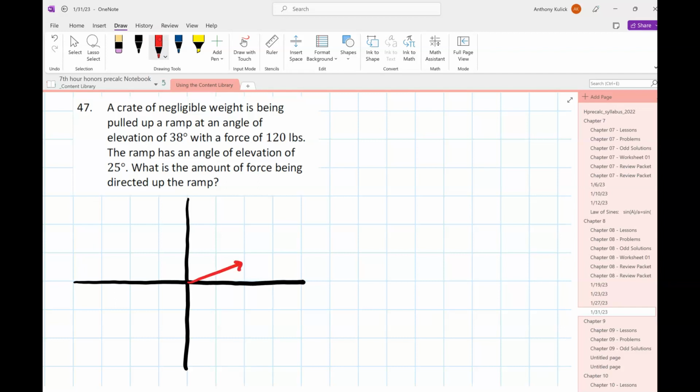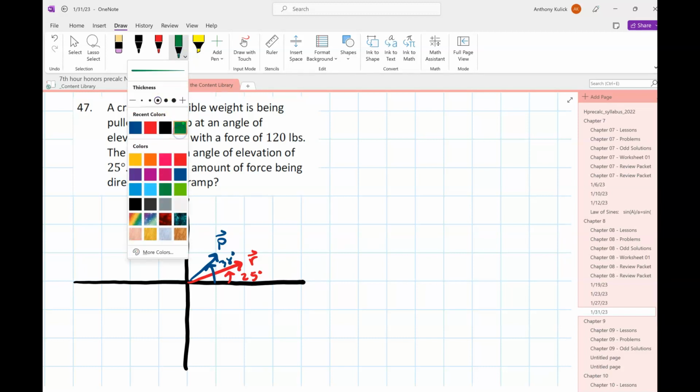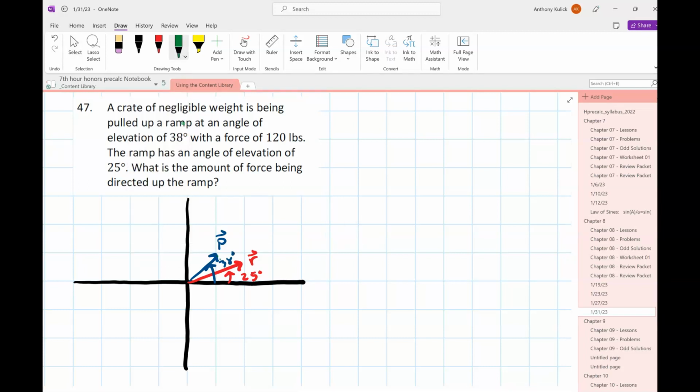Here's my ramp, where that's 25 degrees. And then I have some other force. I'll call that P. That's at 38 degrees. And we're looking for, again, that projection. So you're looking for that vector.